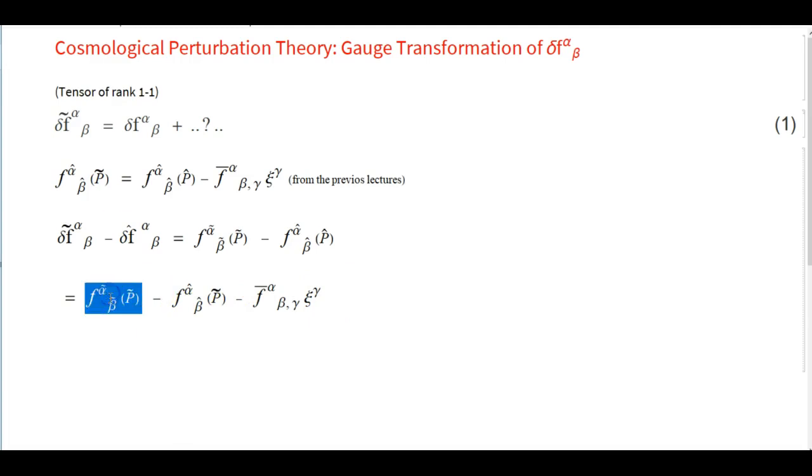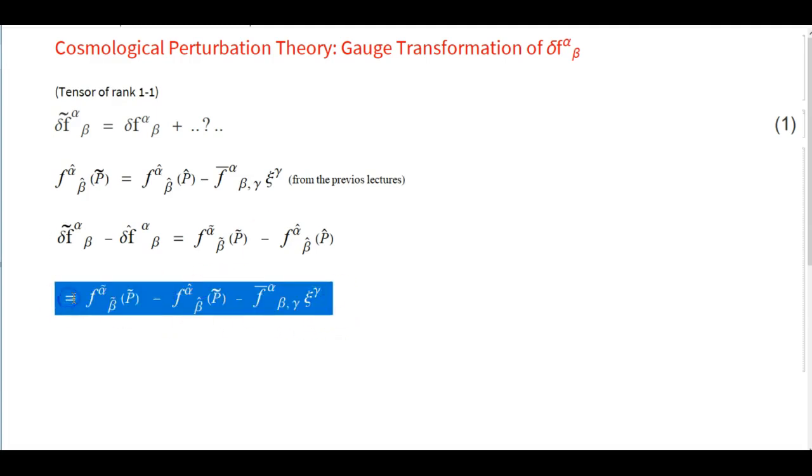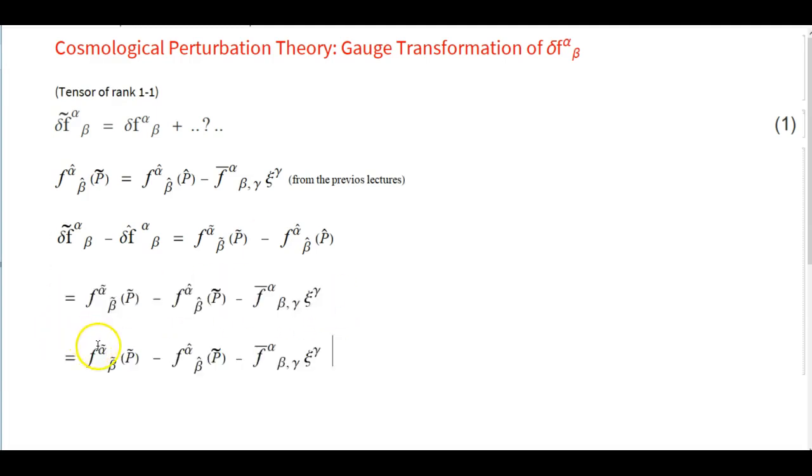That if I have to go from gauge 2 to gauge 1, I can write this as caret, and this will be caret, and here I will write x.